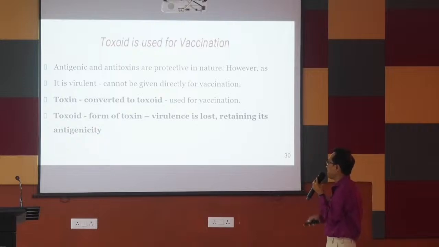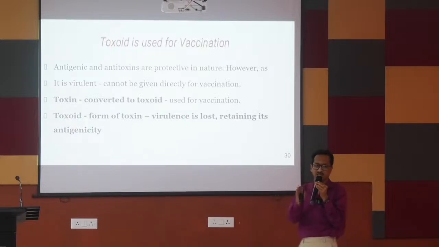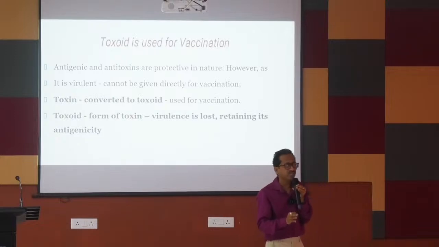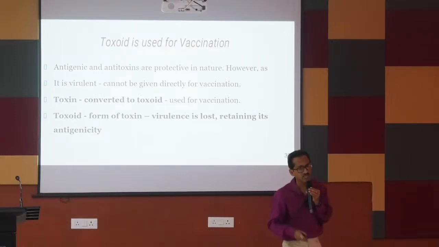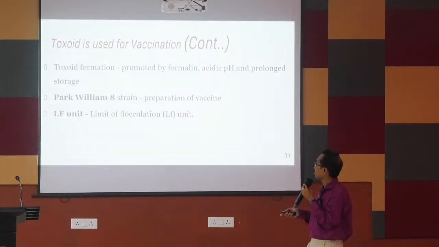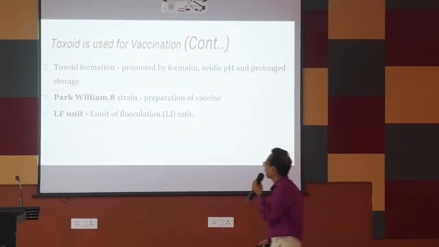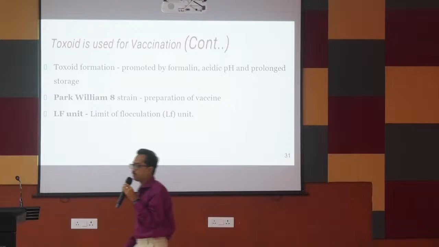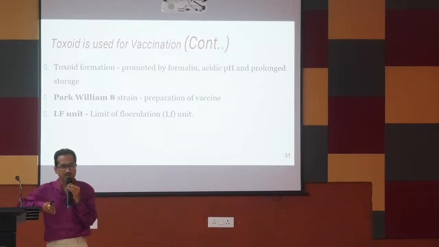Now how will you convert the toxin into toxoid? In the toxoid form of the toxin, virulence is lost but immunogenicity or antigenicity is retained, so that it can be used as a vaccine. So how can you convert the toxin into toxoid?